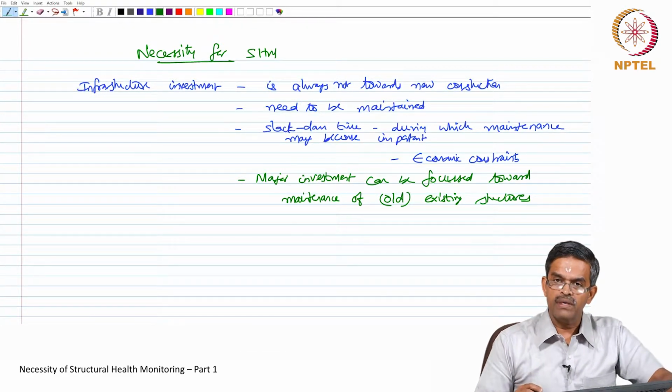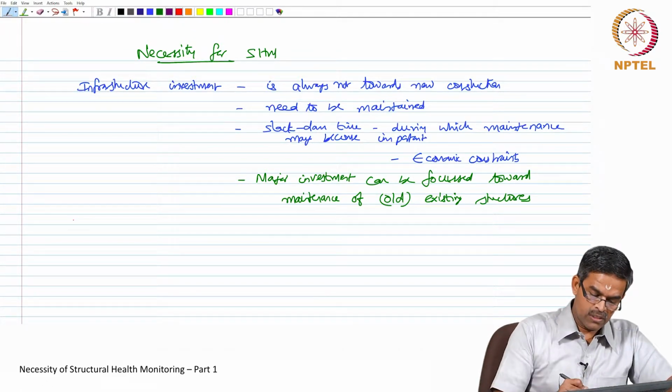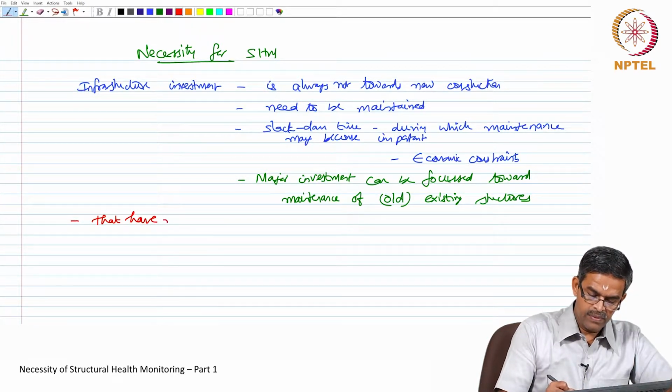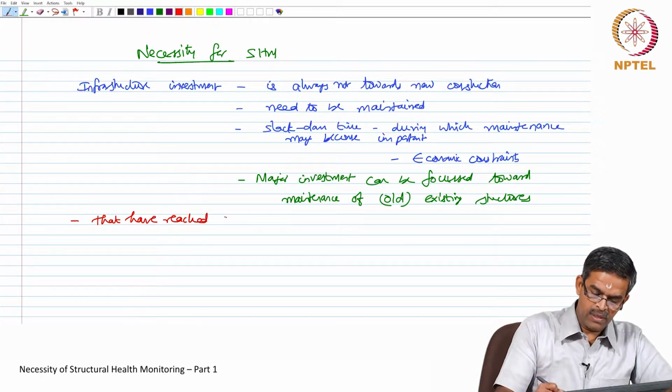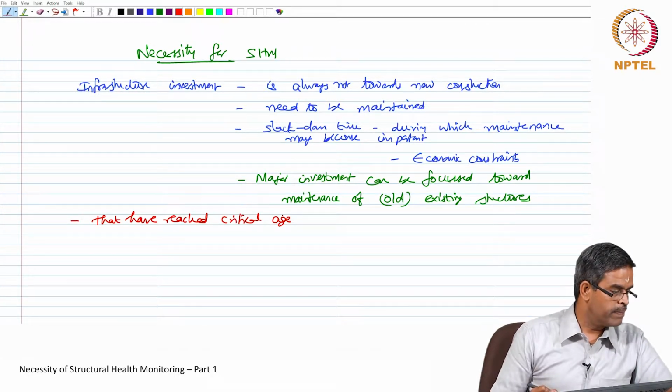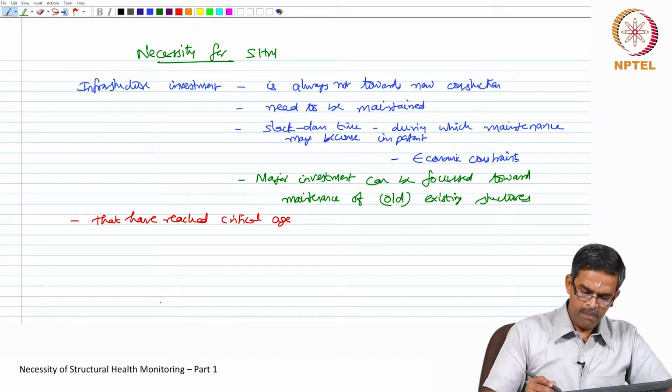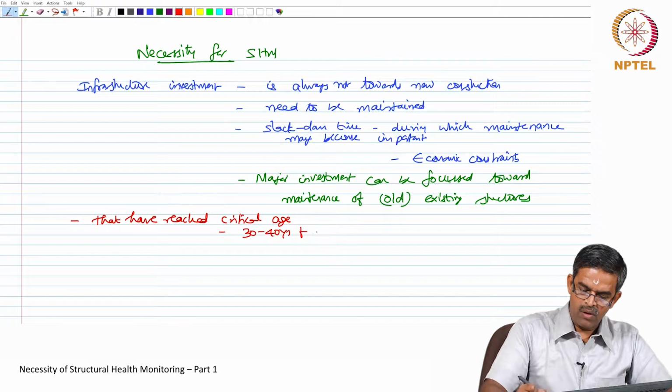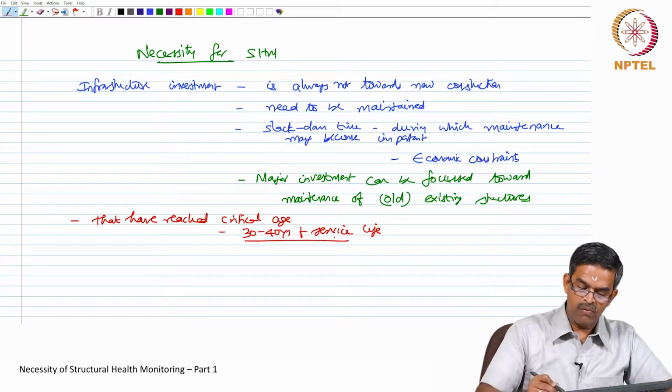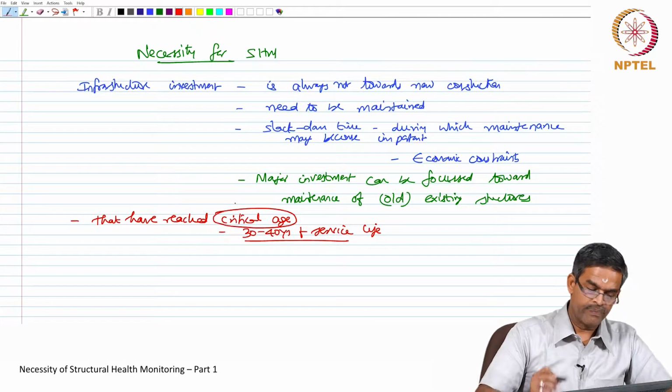How do you identify the structures which need critical maintenance? Structures that have reached critical age, maybe 30 to 40 years of service life, come under the span of criticality.